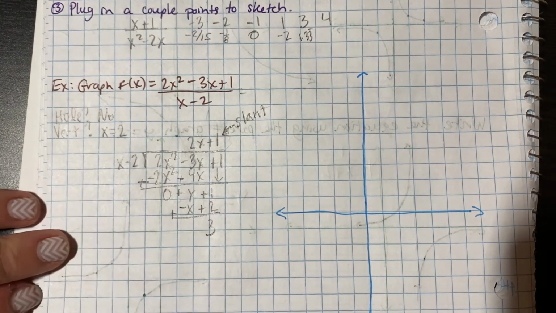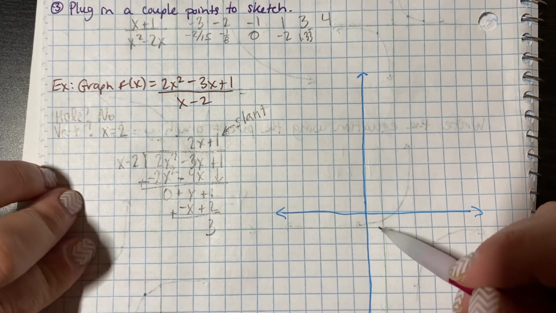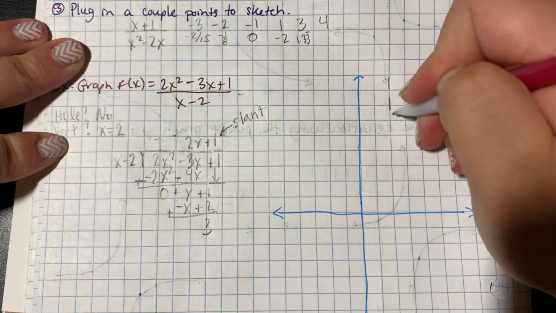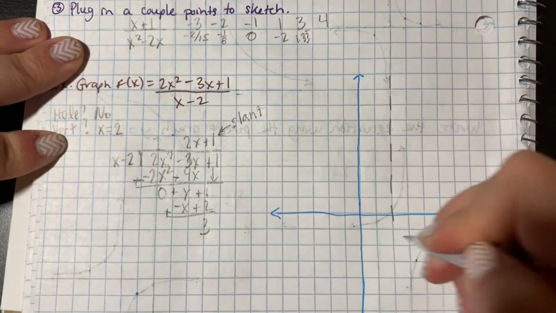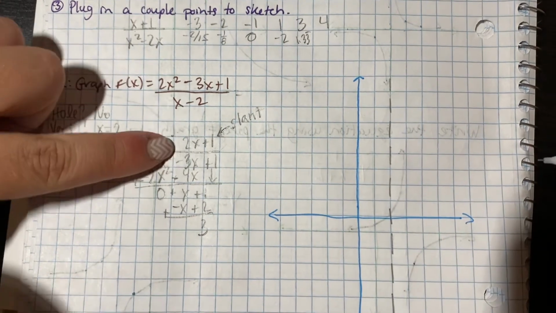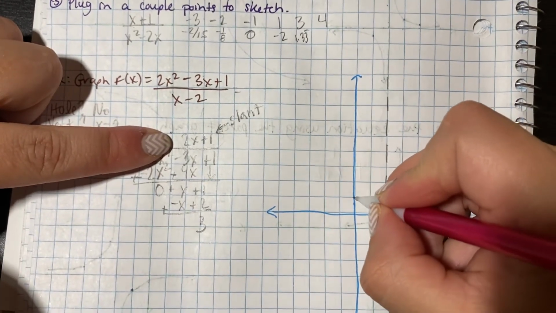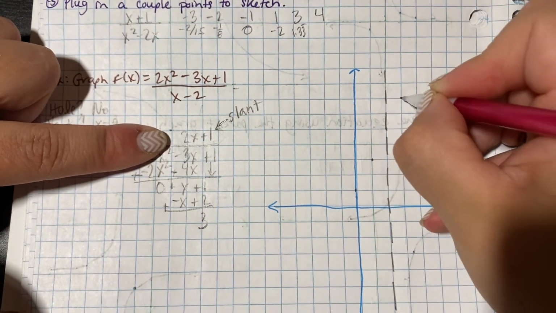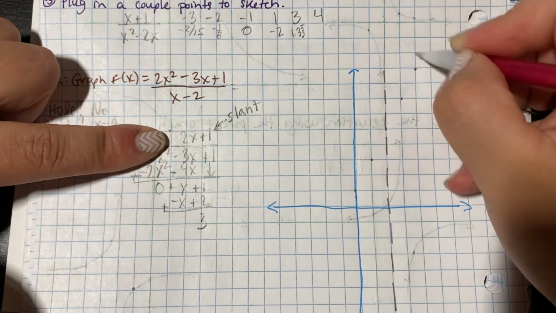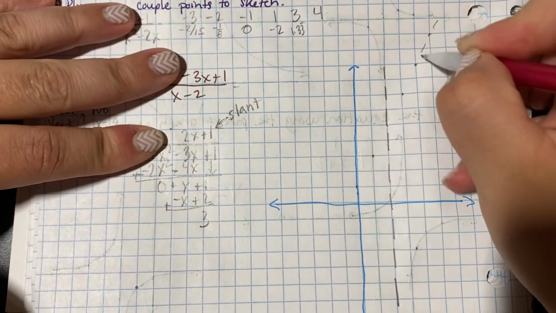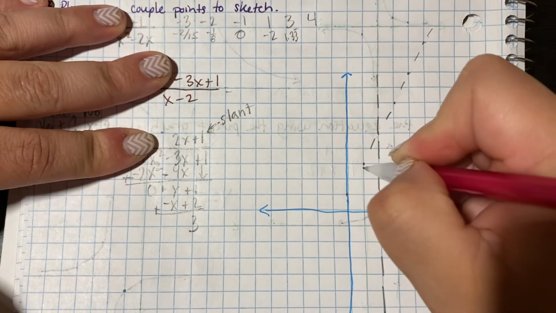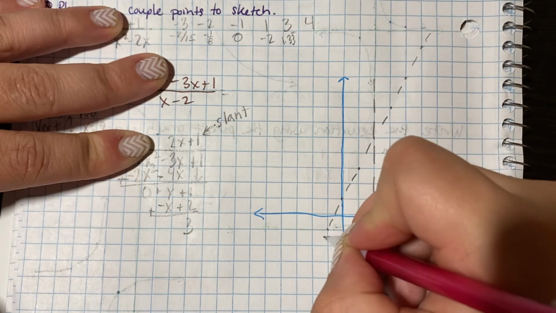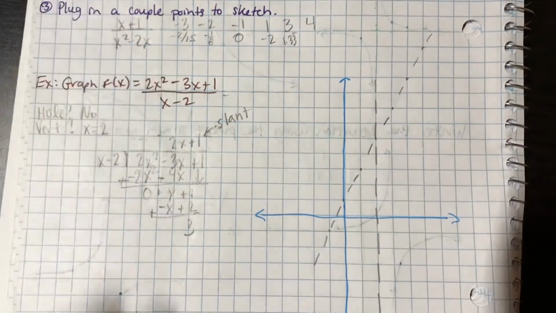All right. So what we're going to do is we have a vertical asymptote at x equals 2. We have a slant asymptote at this, so we're going to go to 2. We're going to go up 2 over 1, up 2 over 1, 2 over 1, 2 over 1. We're going to make this a dotted line because that was my slant asymptote.